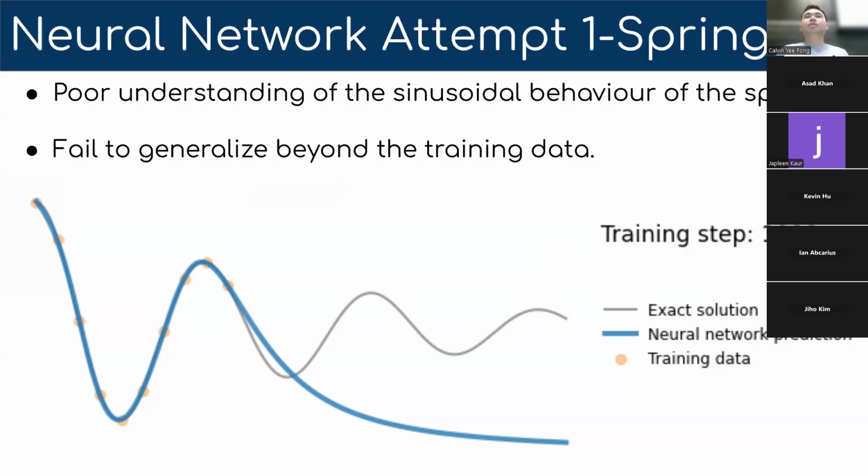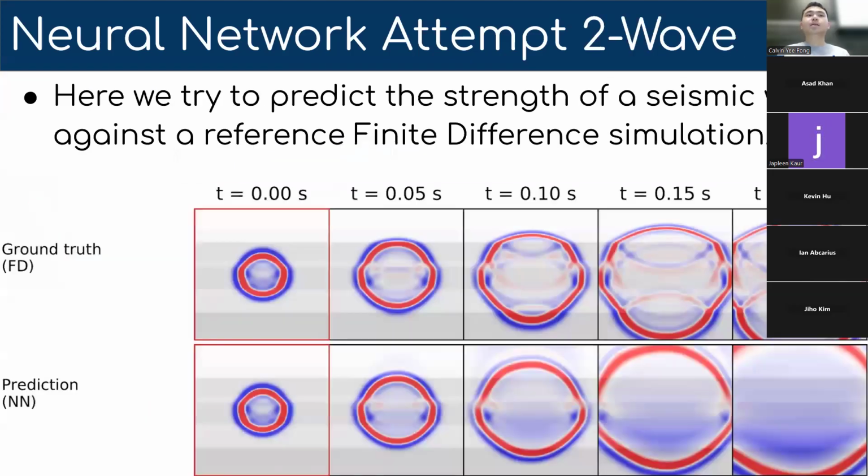And then if you try to even attempt the wave equation here, we have a reference finite difference simulation that people in scientific computing would commonly do. And here we have the neural network prediction. Initially, the predictions start off pretty accurately for the first two time steps, but afterwards you can see it loses all the fine-grained detail in the simulation.